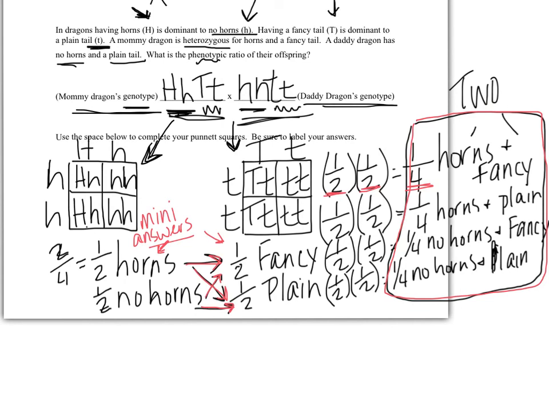So whatever the answers are, you need to have a number and two different words, because we're looking at two different traits. That's why they call it dihybrid, because di means two.